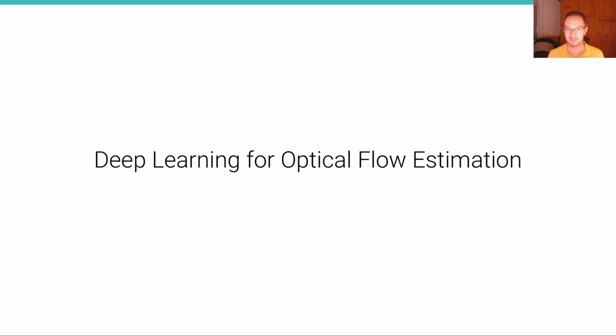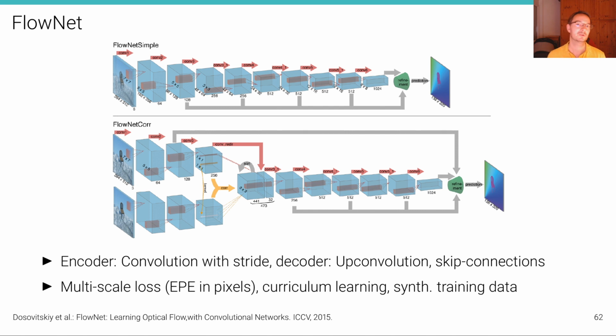So the state of the art on the KITTI leaderboard today is deep learning based optical flow. While early approaches in this direction were still not on par with classical techniques, by now they have surpassed the classical techniques by quite some margin. So here's one of the earliest examples of optical flow estimation using deep neural networks, FlowNet, and the architecture is basically the same as the DispNet architecture.